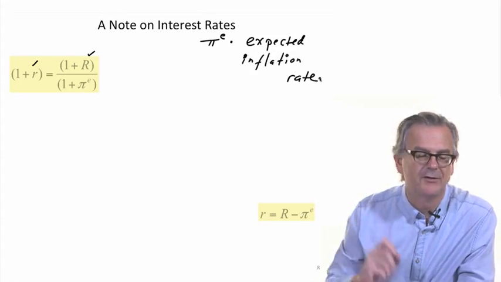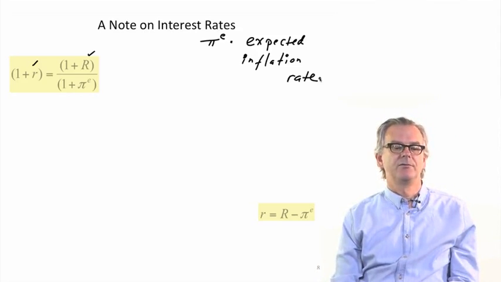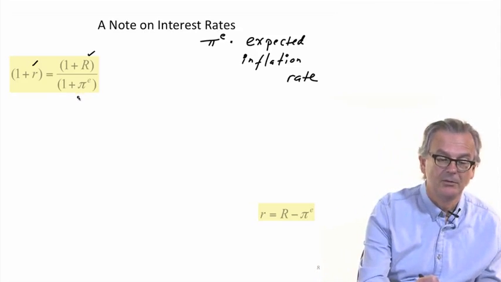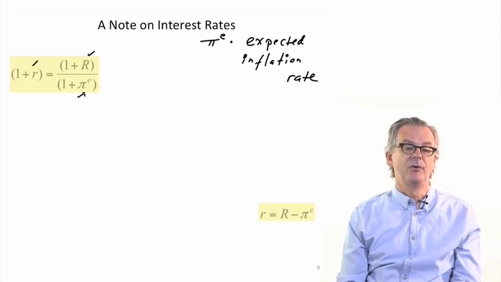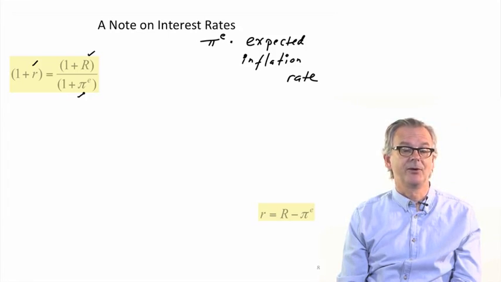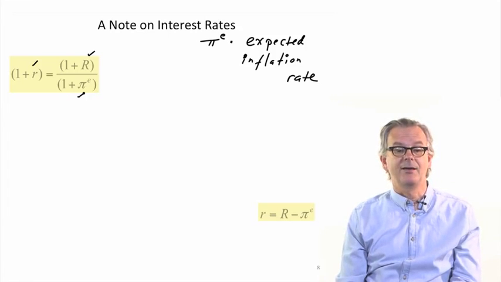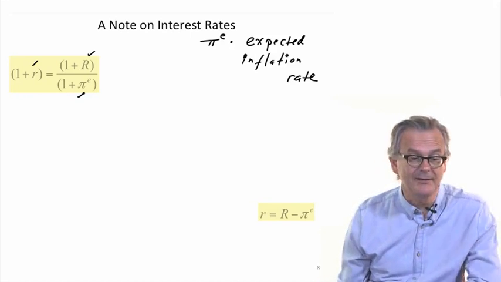So any introductory book on finance, for example, will have this formula in there. It just shows the formal link that exists between the nominal interest rate, capital R, the real interest rate, lowercase r, and the expected rate of inflation, pi e.